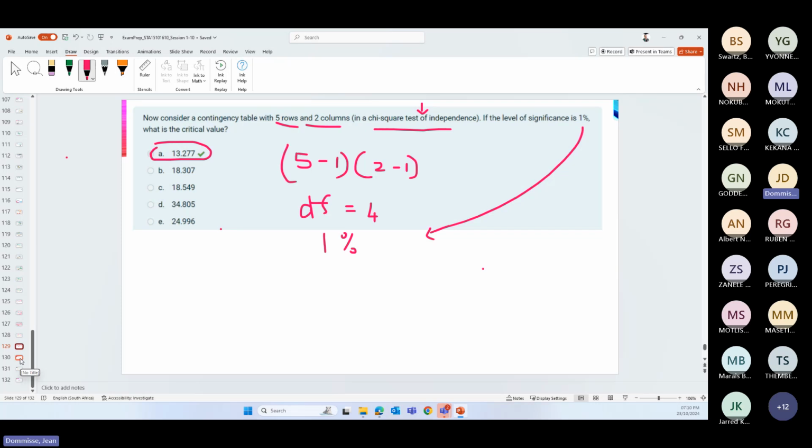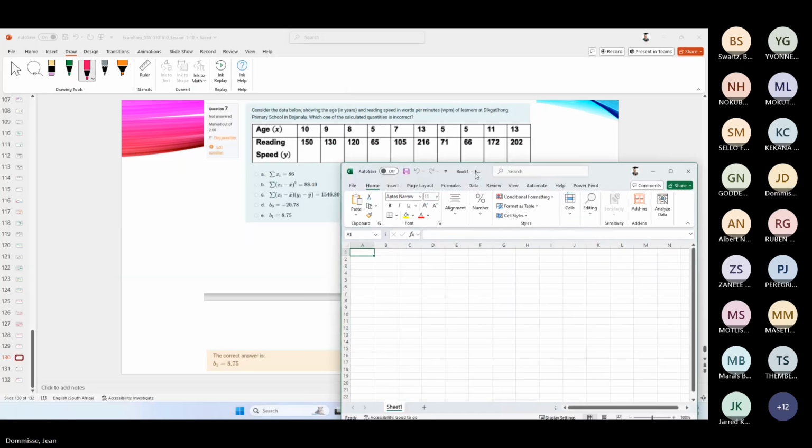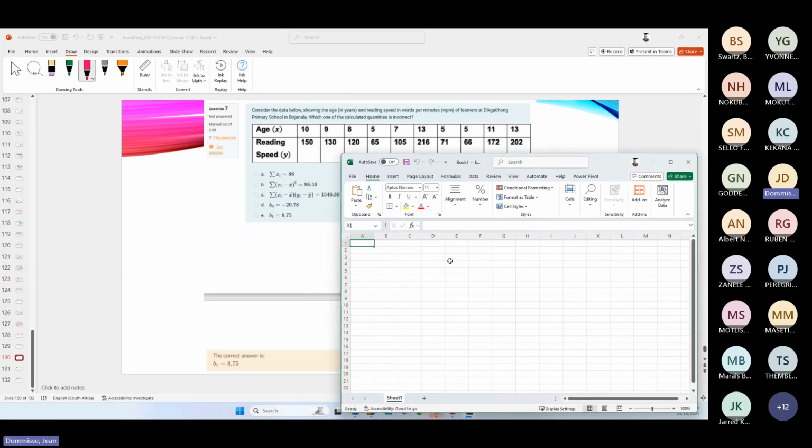let's see, the next one is on regression, that you need to look at. Again, one of the questions was around Excel, so you are allowed to use Excel, but remember it needs to be an empty spreadsheet.